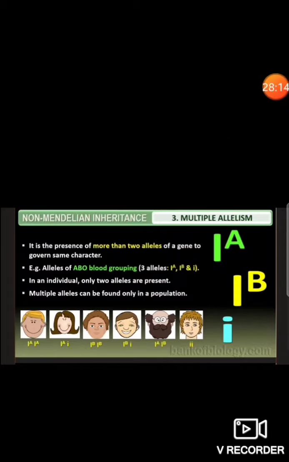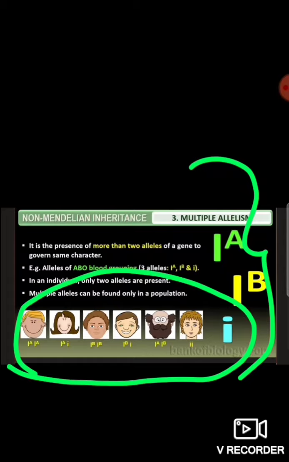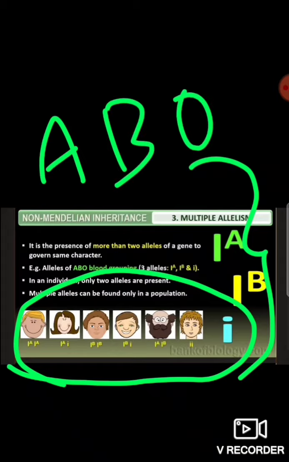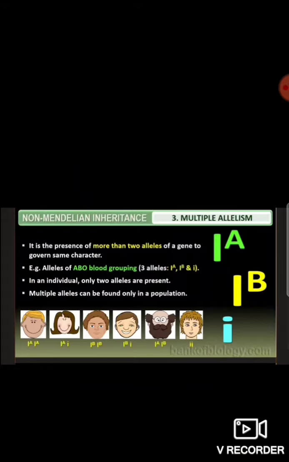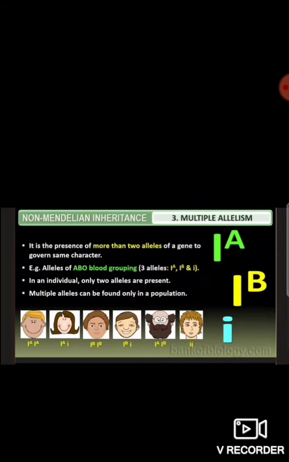So for one character, instead of only 2 alleles, there are 3 different alleles in a population. Remember, not in one single gene. In a population there are 3 different types of alleles, so we call it multiple allelism. For a single gene in a population, if there are more than 2 alleles, we call it multiple allelism.